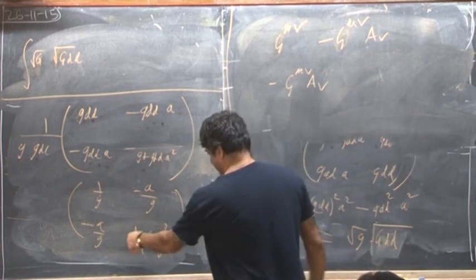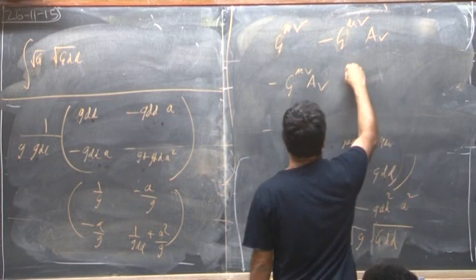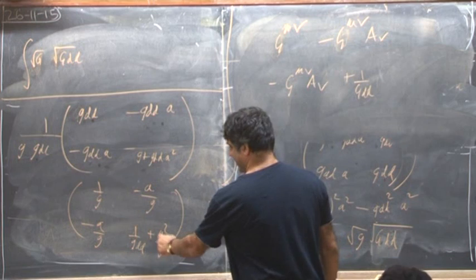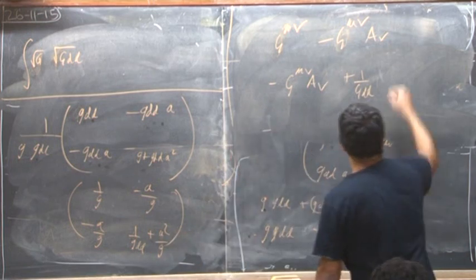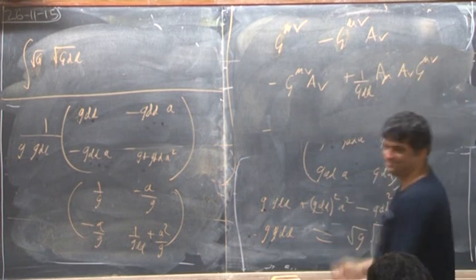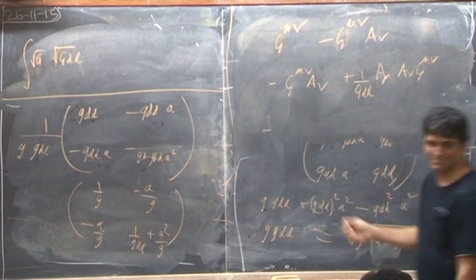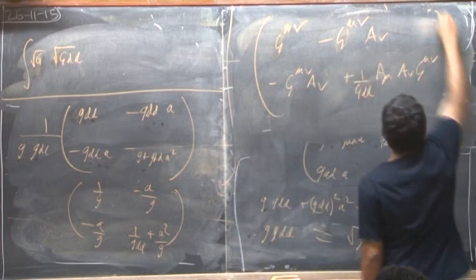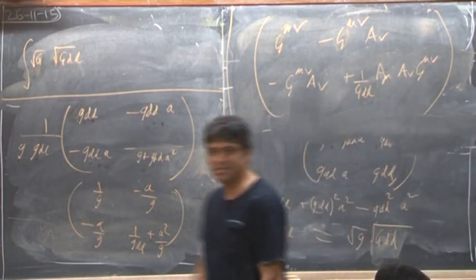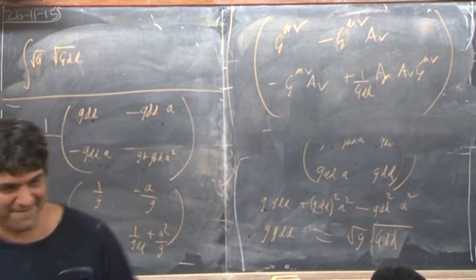And 1 over G_DD is of course just 1 over G_DD. And what about this? A mu, G mu nu. Okay. So now we have the inverse.